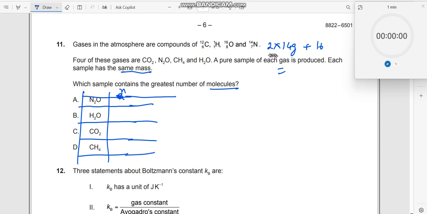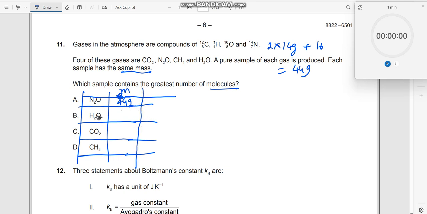So 2 into 14 is 28, 28 plus 16 is 44 grams. I'll write M here: 44 grams will be the mass of N2O if you combine 2 moles of nitrogen and 1 mole of oxygen.